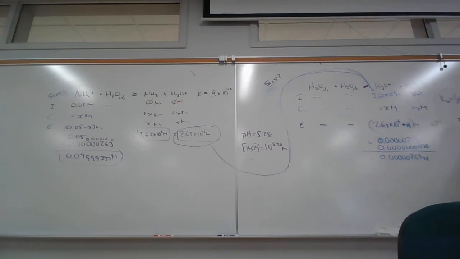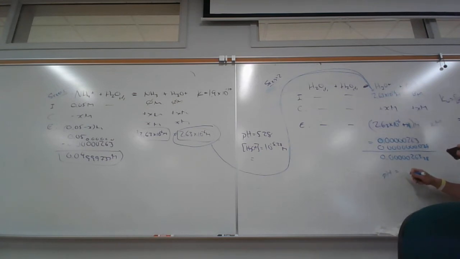So I'm going to take the negative log of this, 0.5 zeros, 1, 2, 3, 4, 5, 2, 6, 3, 3, 8. And then take the log of that, and then the negative.